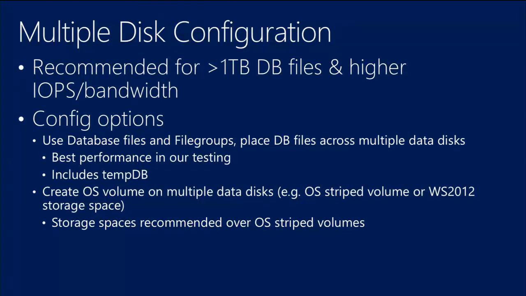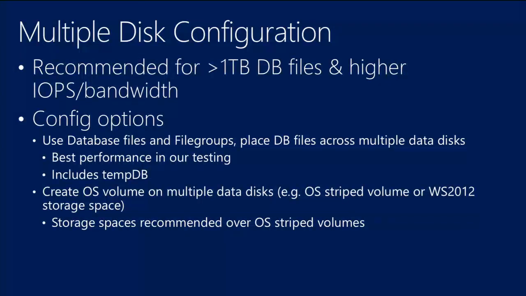What's most efficient? I'll start with the OS striping: storage spaces are definitely recommended over OS striped volumes. If you can use Windows Server 2012, you definitely get better performance with storage spaces. And Windows Server 2012 R2 gets even better with storage spaces because of the way it can manage extra fast storage in a storage space.